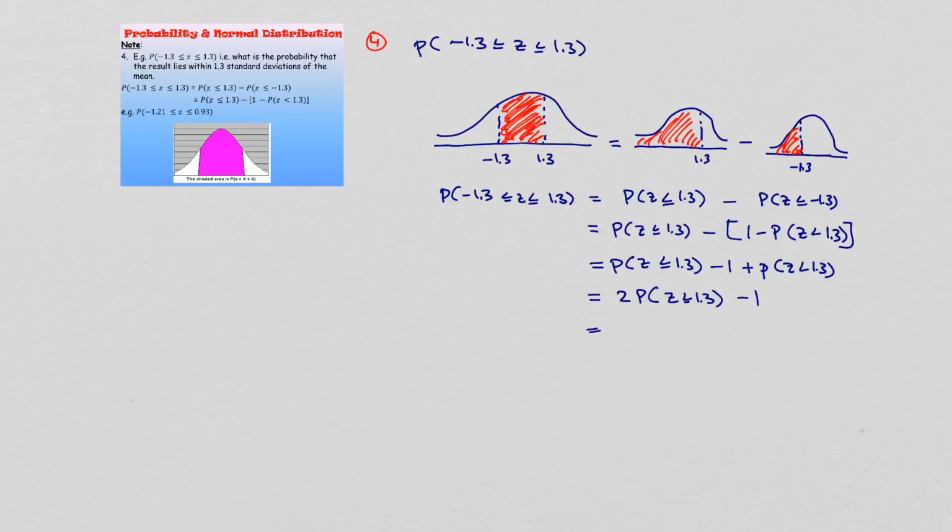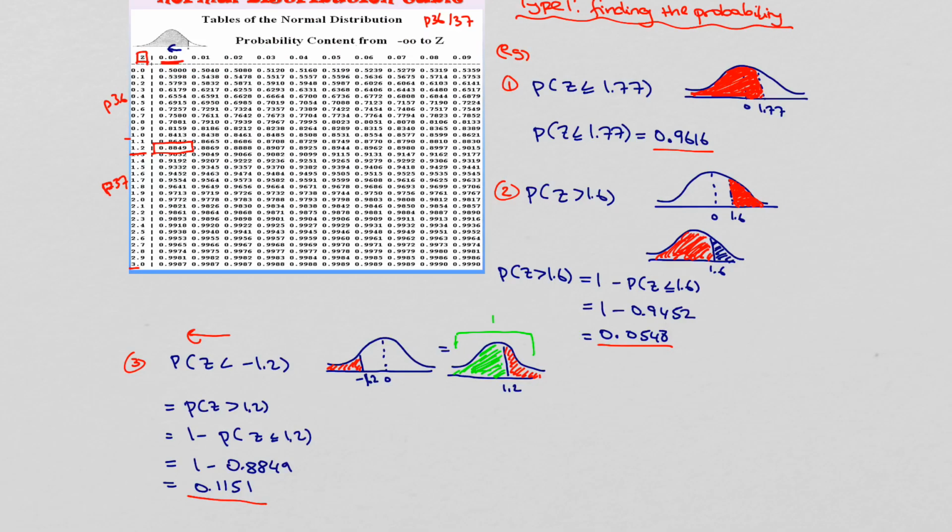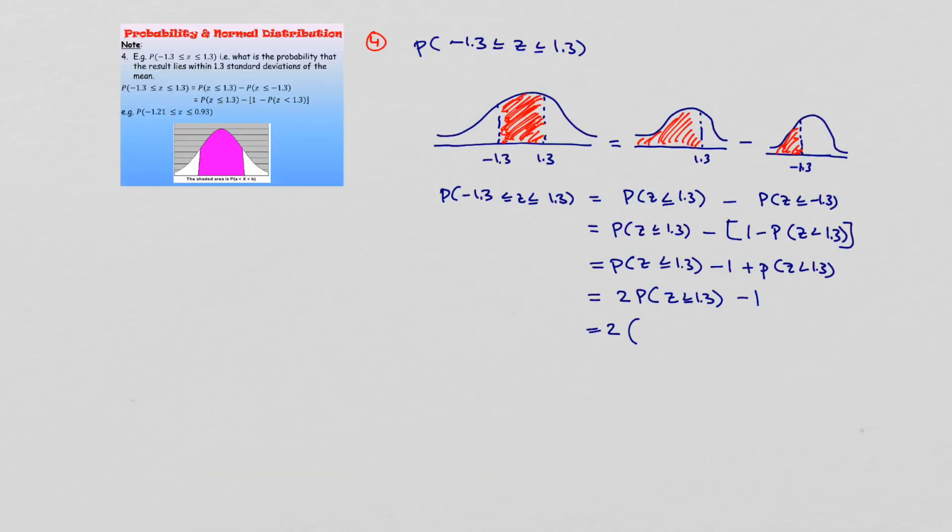Okay, so now if I go to my tables and I say, what's the probability that Z is less than or equal to 1.3? Well, if I go back here and delete the last example, we're looking for 1.3, so that's 0.9032.